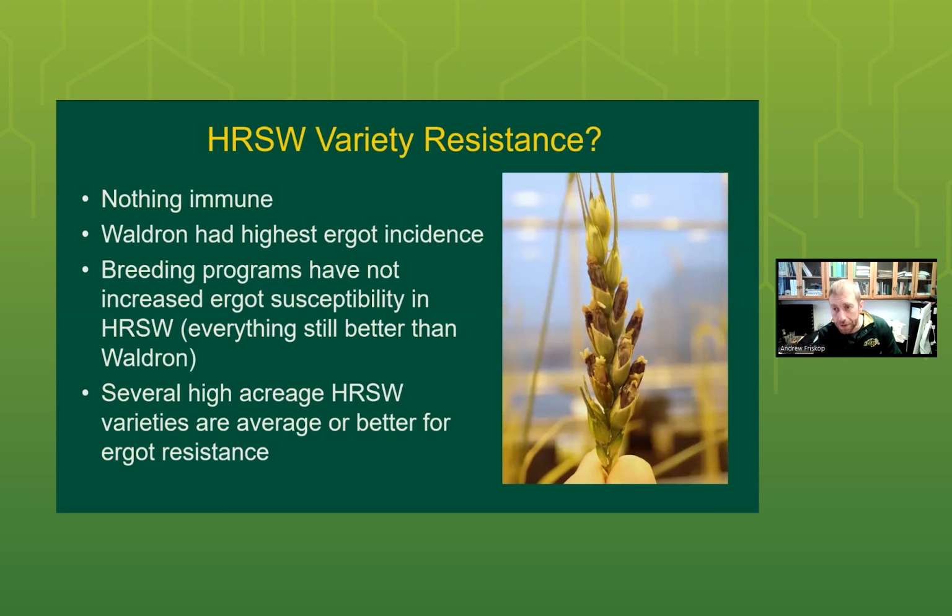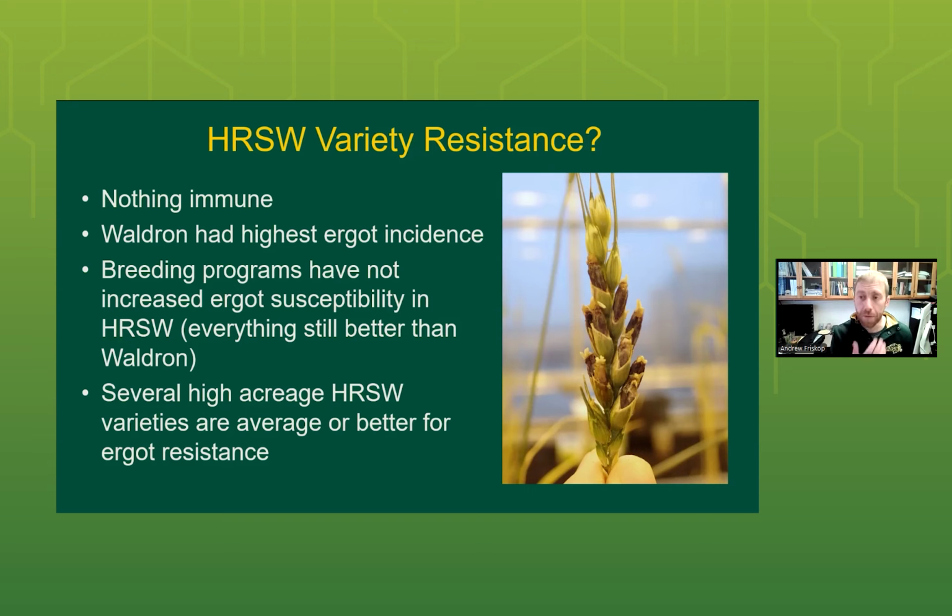So some of the summaries we found with our spring wheat variety resistance: nothing is immune. Our oldest variety, Walden wheat, still is what we consider the most susceptible. And the breeders, the spring wheat breeders, were not increasing or selecting for ergot susceptibility. So those are some very important messages.